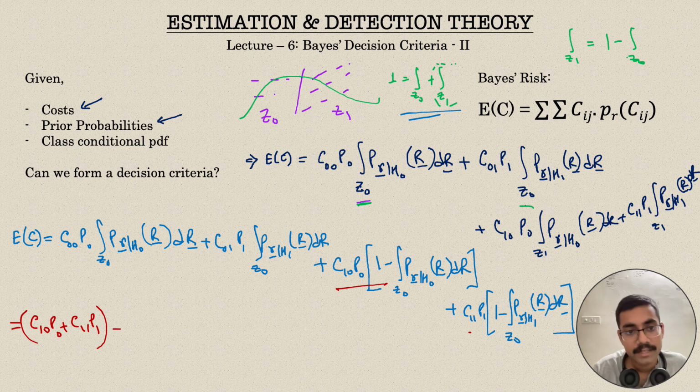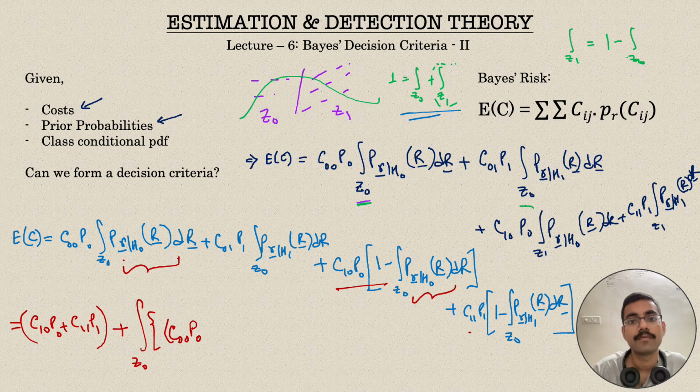Okay, apart from that expression, if we try to club the rest of the expressions together, it will become like this: C00 P0. If I club the R given H0 part, this is one R given H0, this is one R given H0.